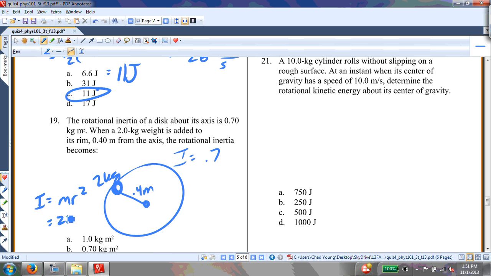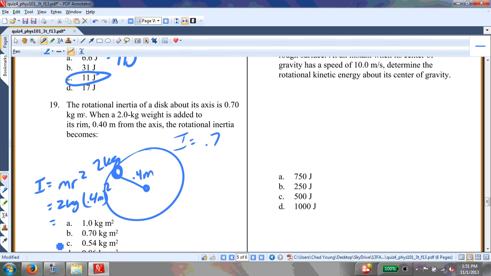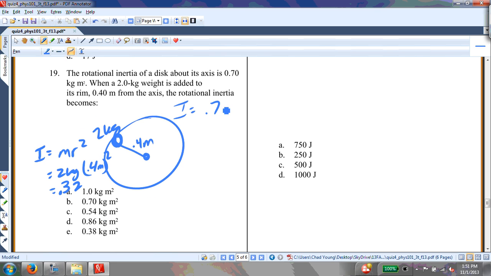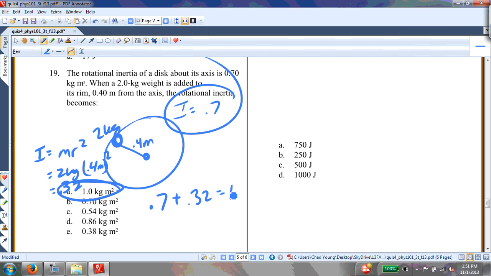It's going to be 2 kilograms times 0.4 meters squared, 0.32. But then I need to add that to my original 0.7, so I say 0.7 plus 0.32, which is equal to 1.02, or A, which is 1. Number 19 then is A.